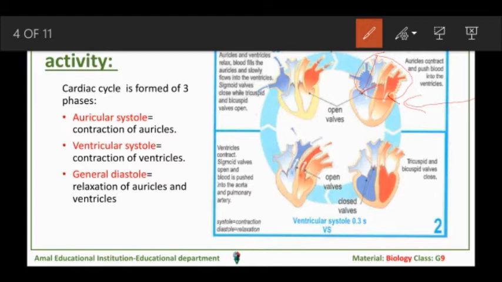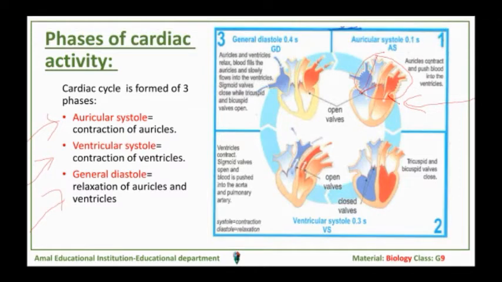So again, the cardiac cycle is made up of 3 phases: auricular systole, ventricular systole, and finally the general diastole. During auricular systole, the auricles contract; in ventricular systole, the ventricles contract; and during general diastole, there is relaxation of auricles and ventricles. Let's see what happens.